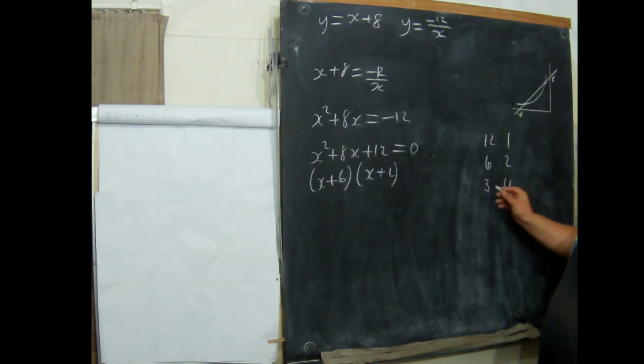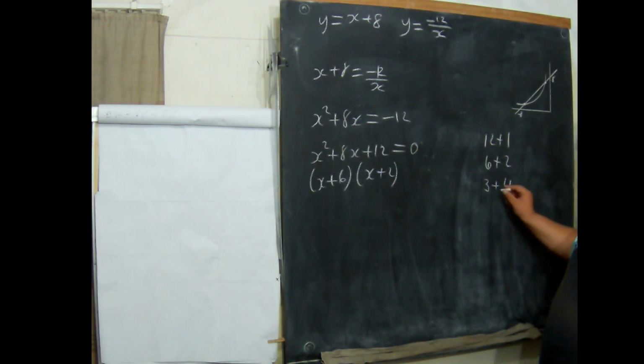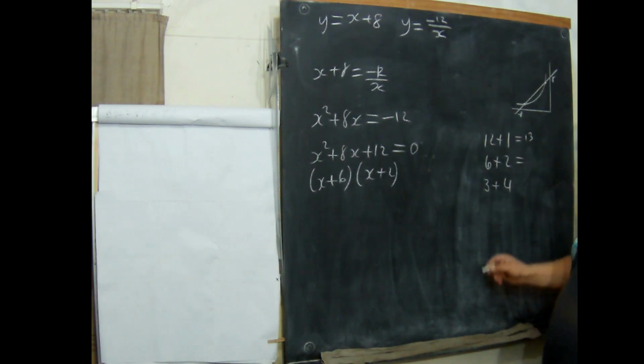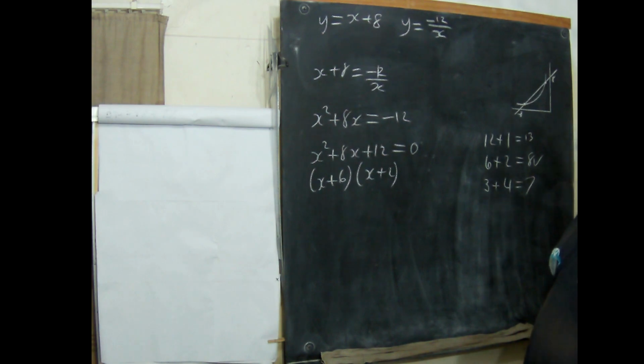Now, when you add any of these together, will they give you 8? 12 plus 1 is 13. That's not 8. 6 plus 2 is 8. 3 plus 4 is 7. So 6 and 2 is the correct answer for this particular one.